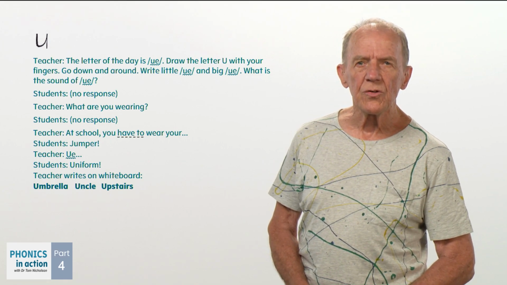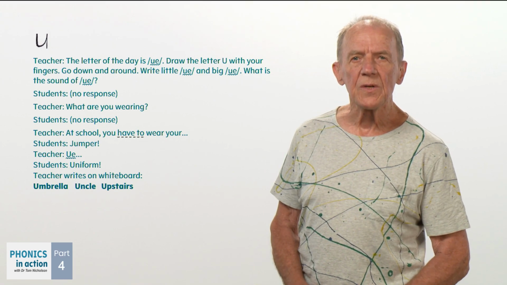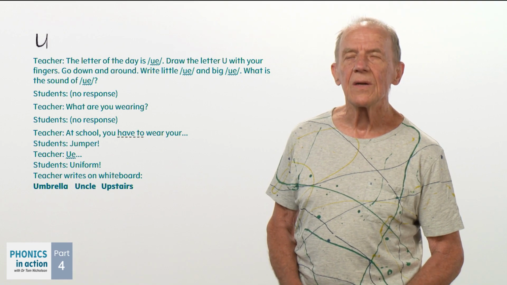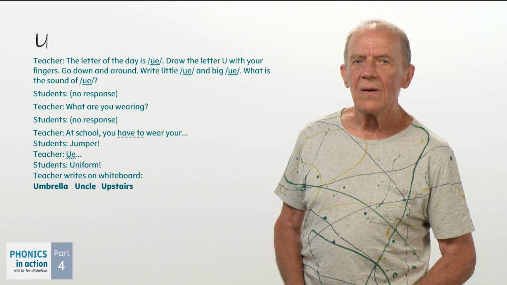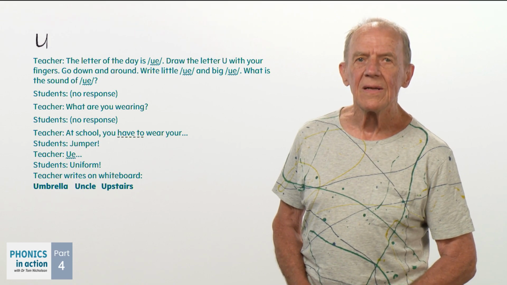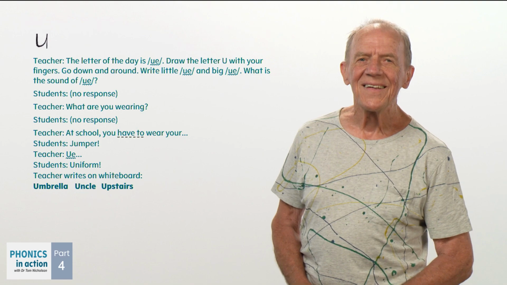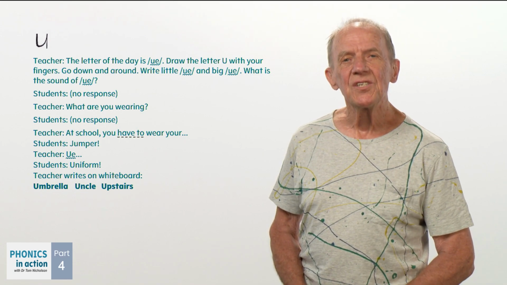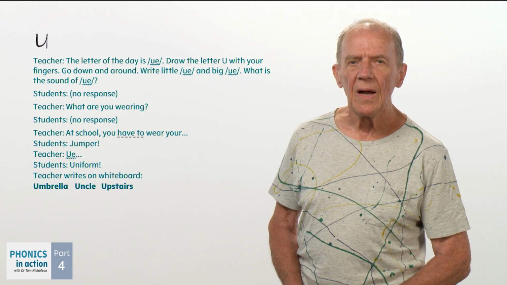No response from the children. "What are you wearing?" Still no response. "Okay, at school you have to wear your..." One child says, "Jumper." "Uniform?" Yes. Teacher writes on the board: umbrella, uncle, upstairs.